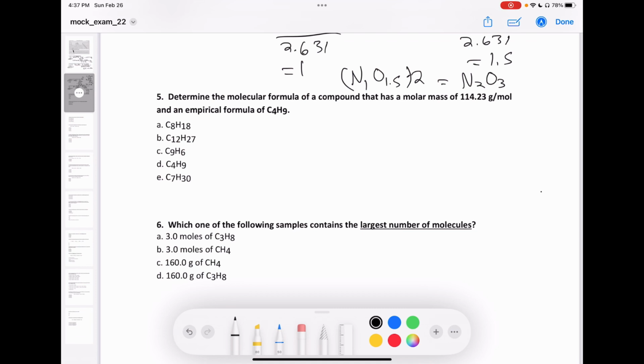So we're given the molar mass of the molecular compound, I guess, the thing we're trying to find, but we don't have the molar mass of this. So to get the molar mass, just add up the individual masses of all the atoms. So then that's 4 times 12.011 plus 9 times 1.008.